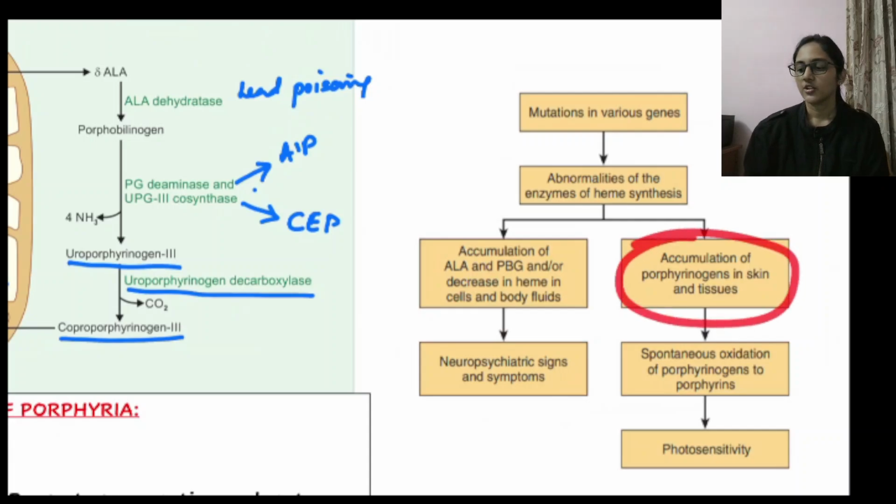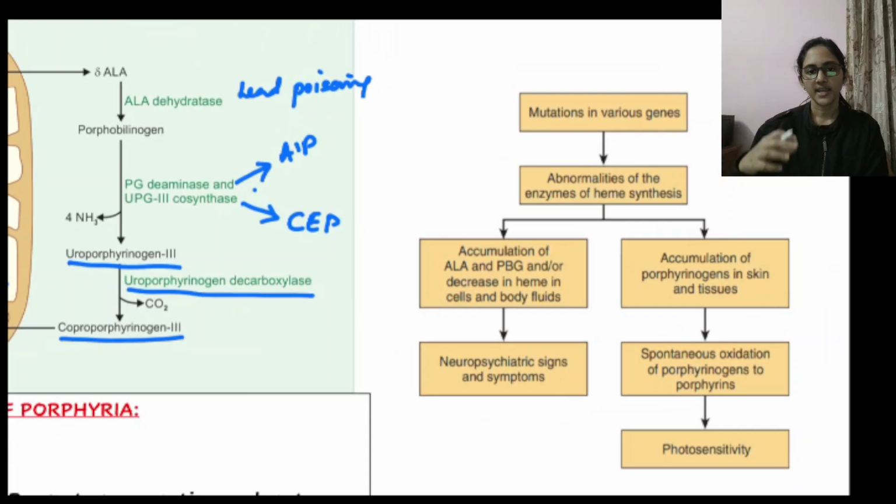And then accumulation of porphyrinogens. If porphyrinogen levels get elevated in your circulation, they will run in your capillaries in the skin. Whenever they are photo-oxidized, they will get converted to porphyrins. Yes, so those porphyrins are responsible for causing photosensitivity.